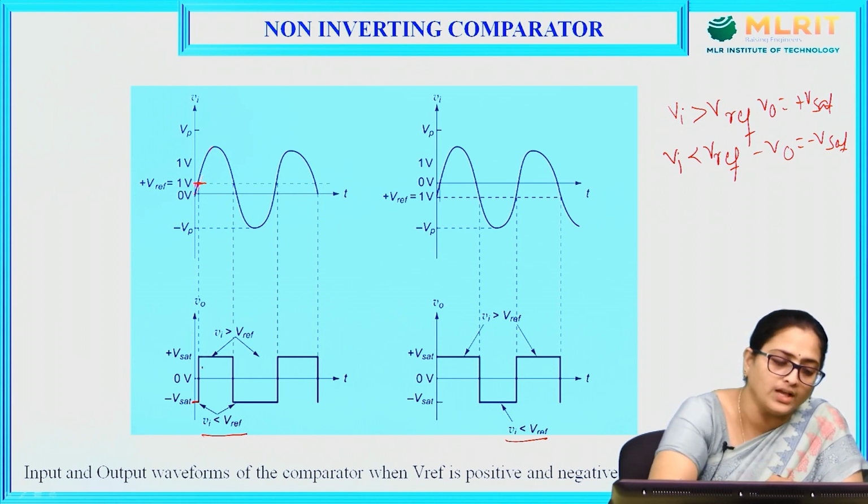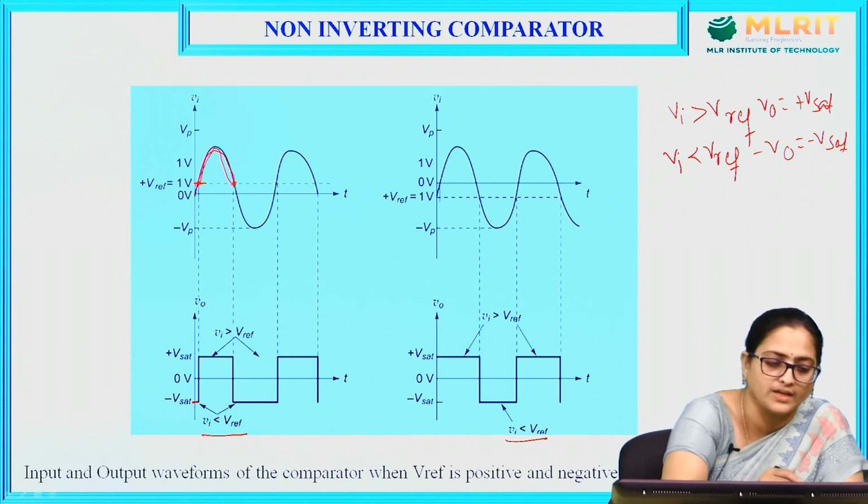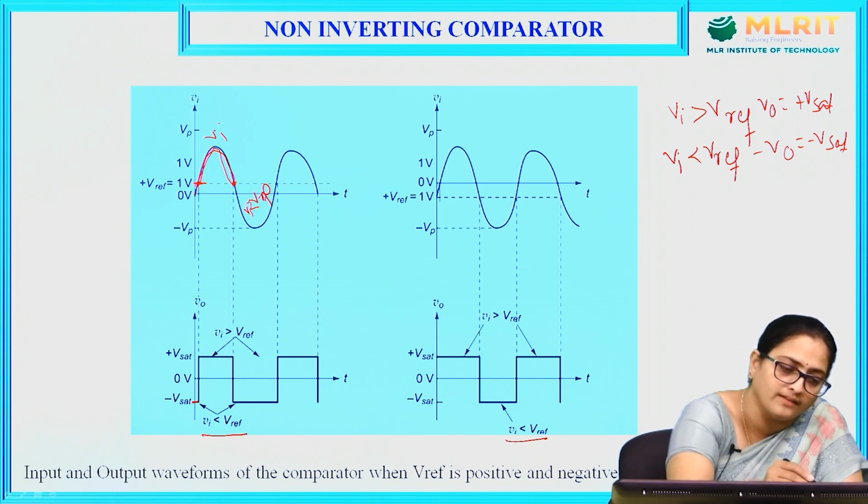Now, when Vi is greater than V reference, just reaching above 1 volt, the output moves from minus Vsat to plus Vsat. Then in this period it will be plus Vsat, and in this period it will be minus Vsat as Vi is less than V reference. In this period Vi is less than V reference, and in this period Vi is greater than V reference.